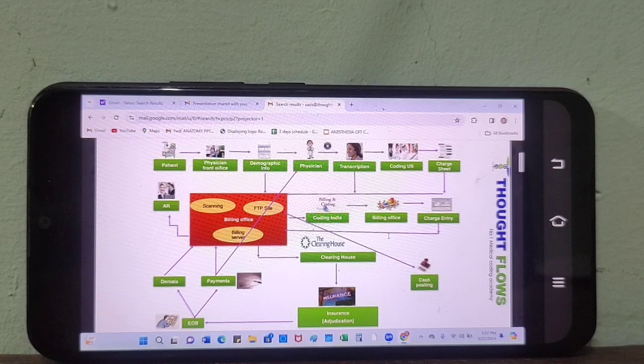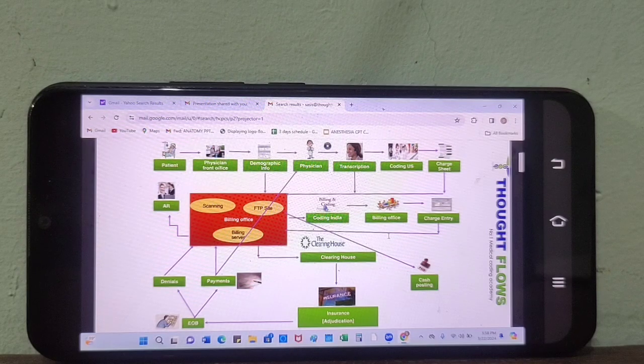Adjudication is nothing but, once the clearinghouse submits the document, the insurance company examines it. They verify the CPT codes, whether the CPT codes match the procedure, and they audit the claims. That is called adjudication. They audit the CPT codes, ICD codes, HCPCS, and whether the services are covered under the policy.